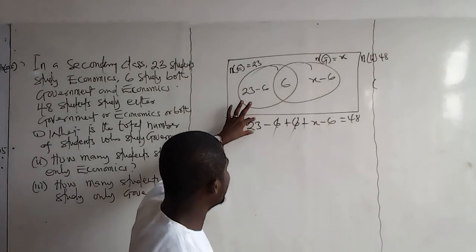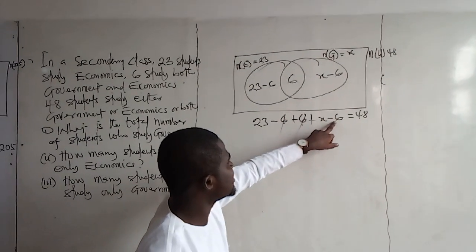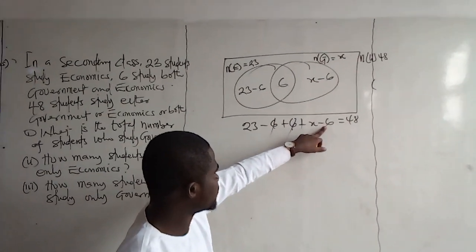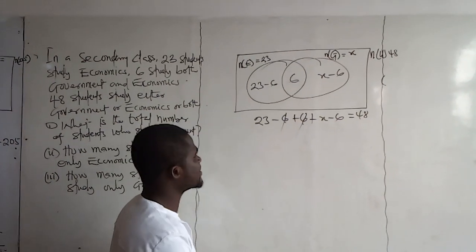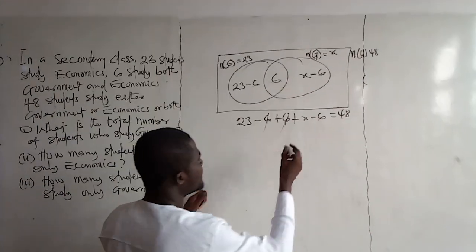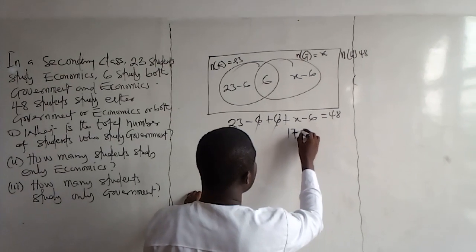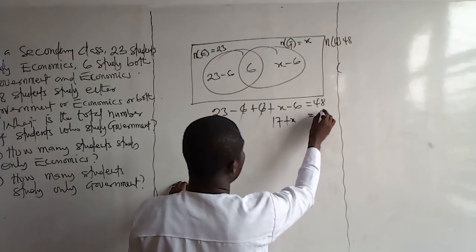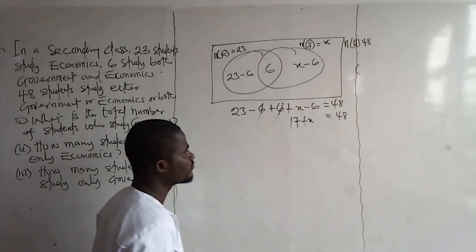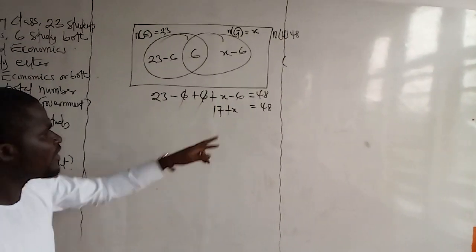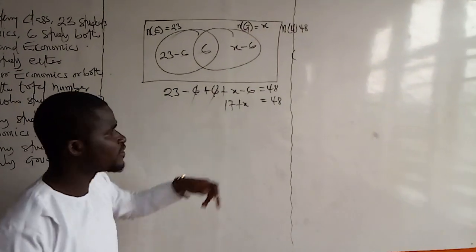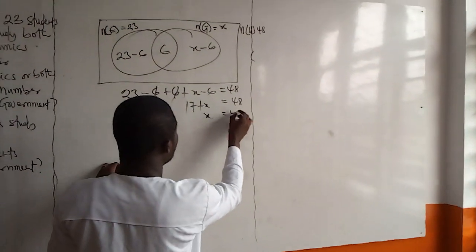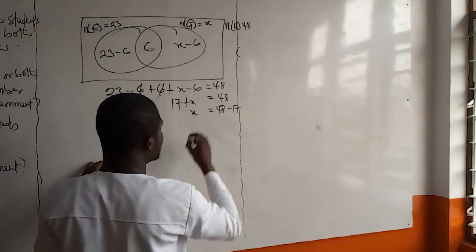Now, 23 minus 6 will give us 17. So 17 plus X is equal to 48. We're looking for X. So let's group like terms. So X is equal to 48 minus 17.